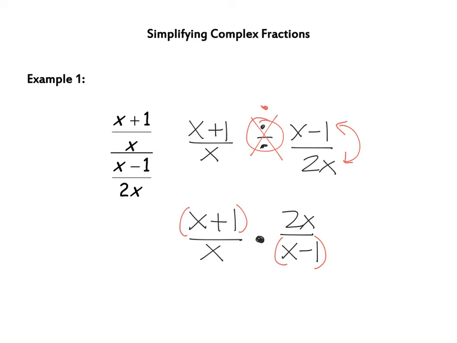So I made it pretty easy on us to start with. The only simplifying we need to do is this x will simplify with that x, and our answer would just be 2 times (x + 1) over (x - 1). And there's our first complex fraction example done.